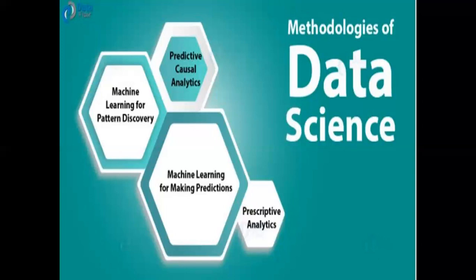For this reason, machine learning techniques like supervised, unsupervised, and reinforcement learning, these three can be applied. And finally, prescriptive analytics will be there. Prescriptive analytics means the type of analytics that deals with a particular pattern or attribute. So these methodologies play an important role in data science.